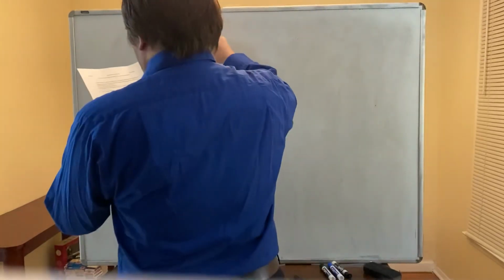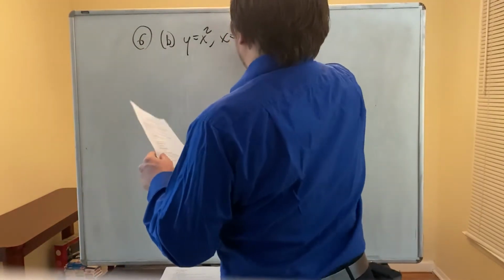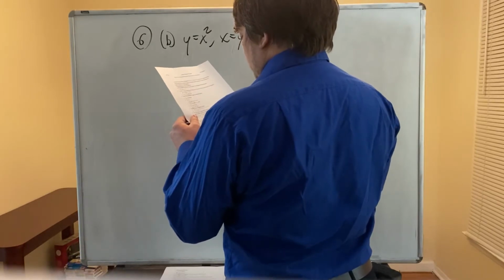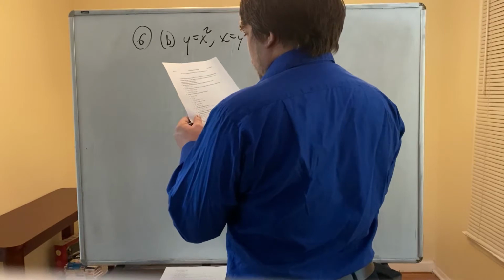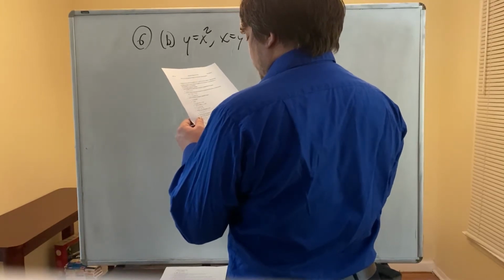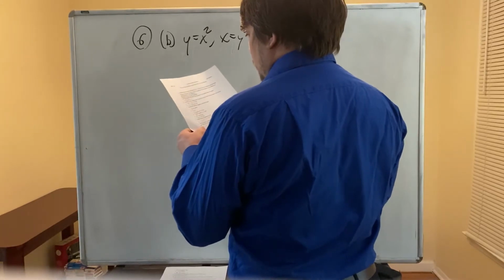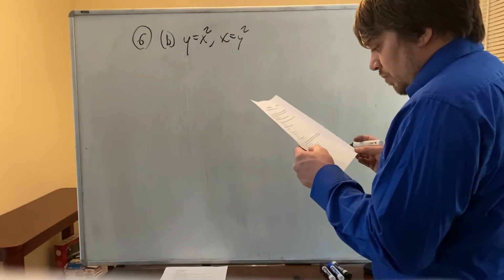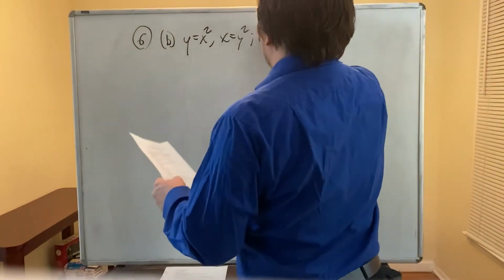So if y equals x squared, x equals y squared, and I'm going to rotate it about the x-axis. Did I already do this? No, okay. About x equals -1.